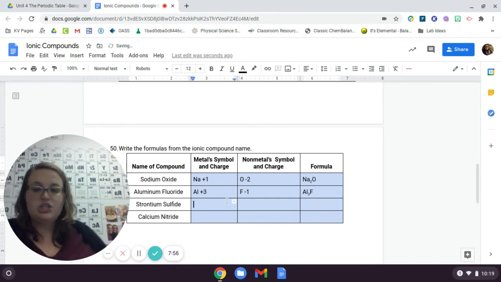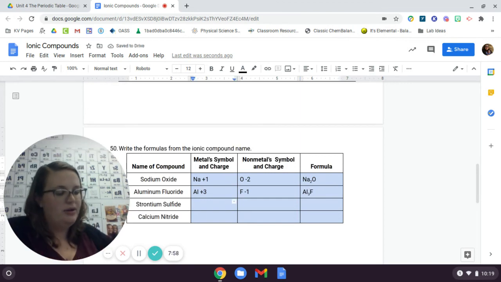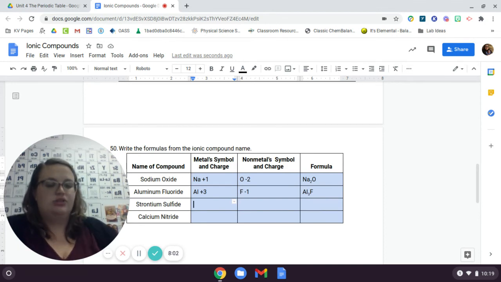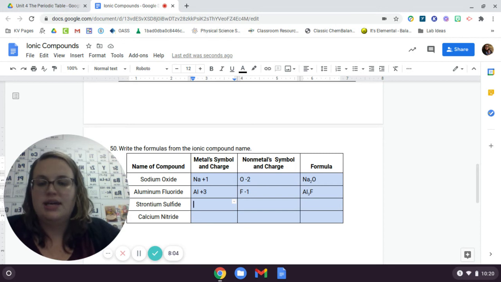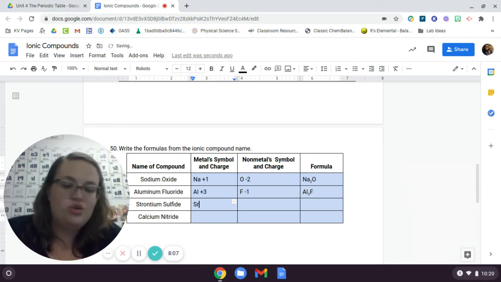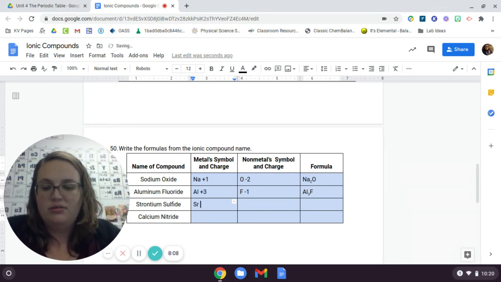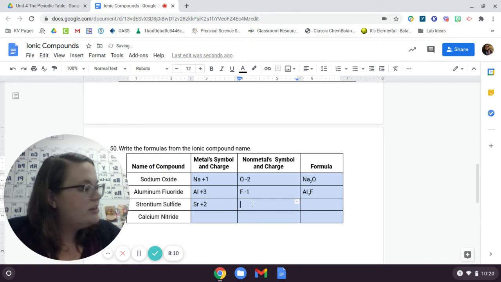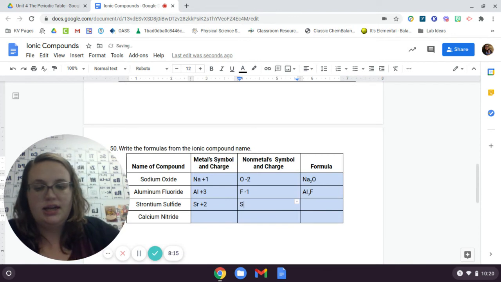All right. The strontium sulfide one I put on here on purpose, and you're going to see why. We're going to talk about something extra with this. So strontium is Sr. It is in group 2, so it has a +2. Sulfide is in group 16. It's got a -2.